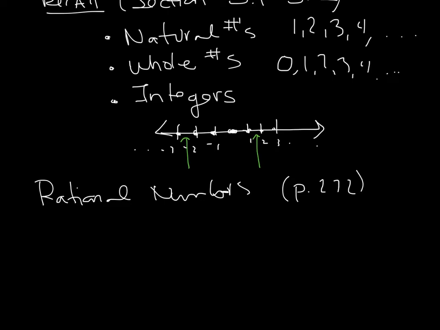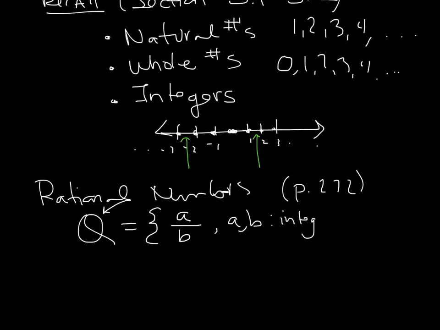In math, we denote the rational numbers with this Q. It's the set, the collection of numbers which can be expressed in the form A over B, where A and B are integers. This is important: A and B are integers. And it specifically says in the definition that B is not equal to 0. B cannot be 0.